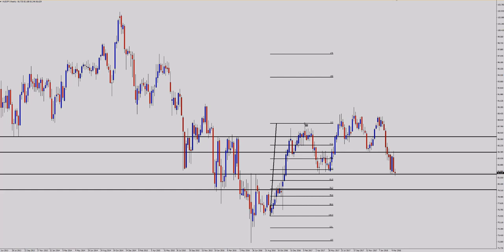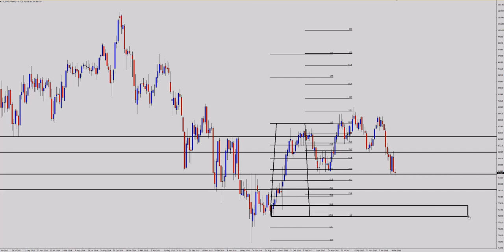And if I take this and I measure a nice extension of this move, you see we come down to a 131. So I would be looking somewhere in here. And this is where previous buying had come in before. And I may even stretch it out a little bit. I know 886 is for the shark to a 1.13 right here. All right, and you can see this little pattern that comes in very nicely.